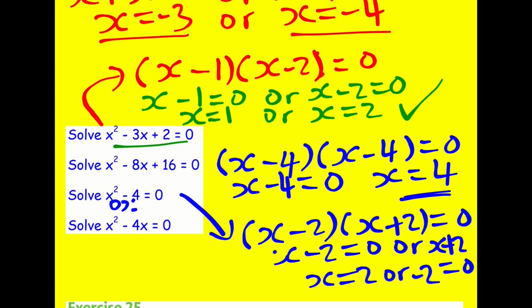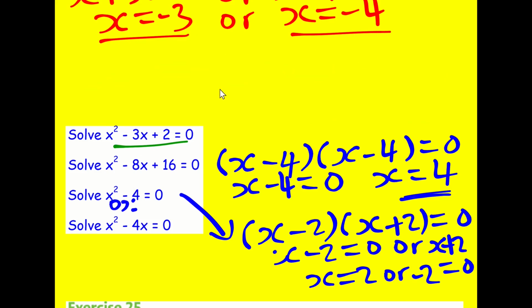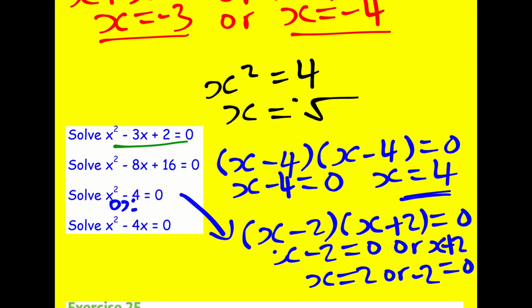Now there is another way we could have done this one. I'm just going to make a bit of space. If I just said to you at the start, have a go at solving that one, this might be how you might have done it. You might have done x squared equals 4, and then taken a square root. x equals the square root, but it's plus and minus of 4, which again gives me plus and minus 2, because minus 2 squares to give 4, and so does positive 2.